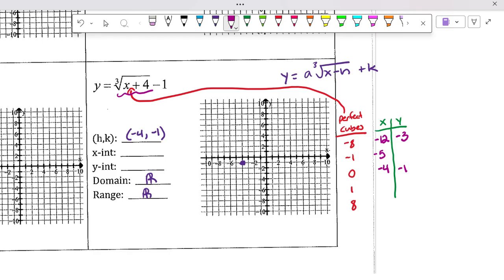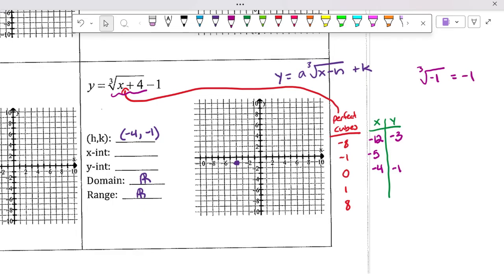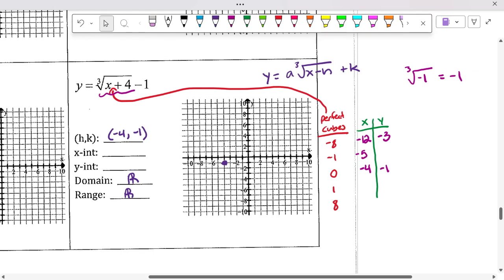Cube root of -1 is what? Not 1. -1. So guys, if you take the cube root of a negative number, you're going to get a negative number. Always. So that would be negative 1. And what's negative 1 minus 1? Negative 2.